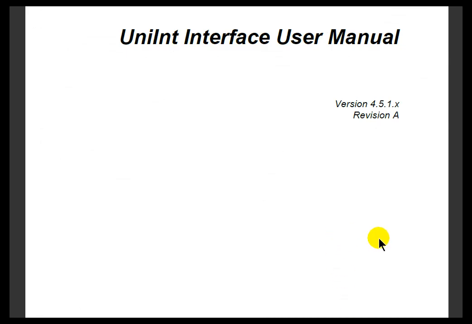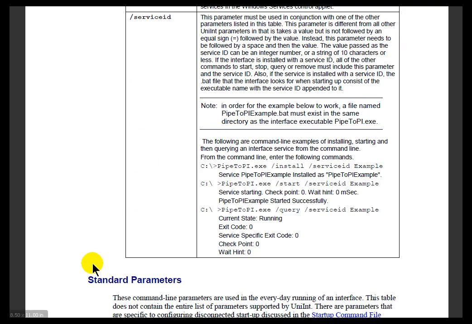Well, the authoritative guide to all of this is this Unient Interface User Manual. You'll find a little bit of information about scan class in the actual documentation for your interface, but I tell you what, you'll find an awful lot more if you go down to the standard parameters section of this Unient guide.